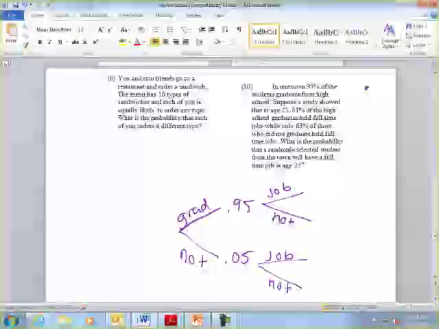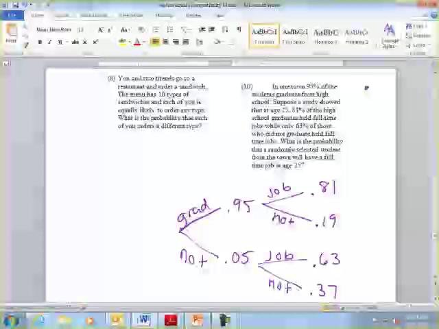If a student graduates, what is the percentage chance that they will have a job? 81. So that means there's a 19% chance that they won't. If they do not graduate, what is the chance that they will get a job? 63. So there's a 37% chance they will not have a job. Okay, just subtracting from 100 for all those opposites.